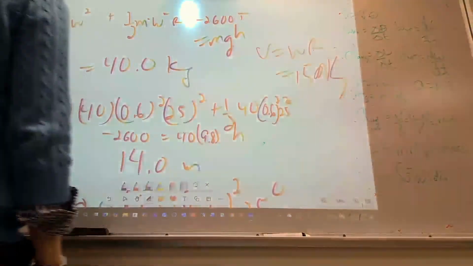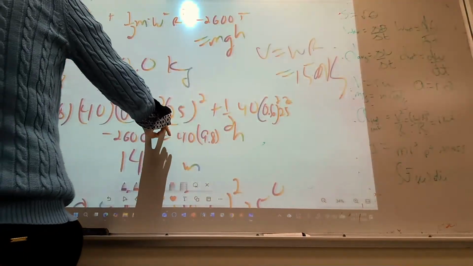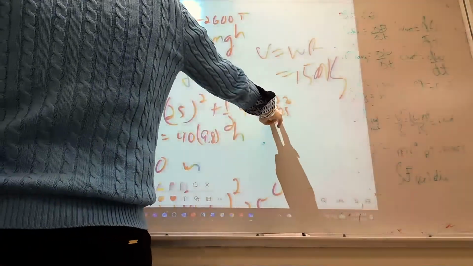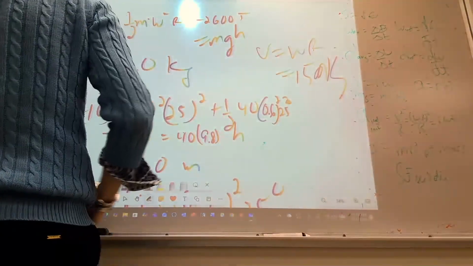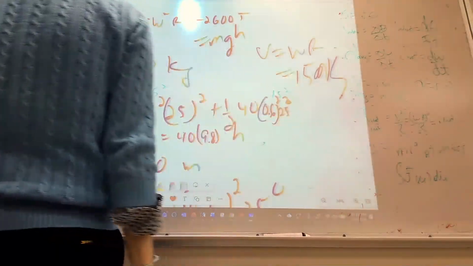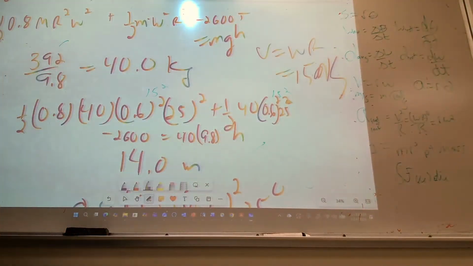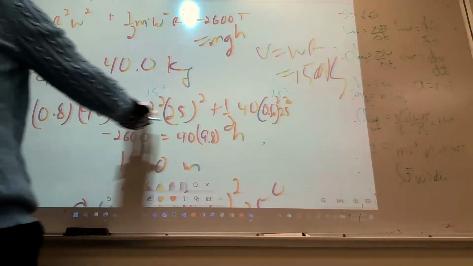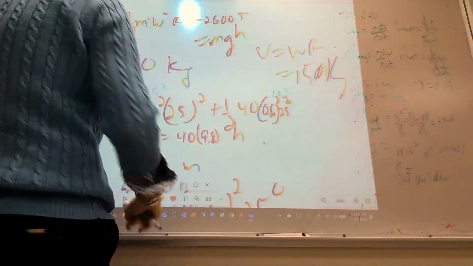If you put it in terms of V, this would just be 15 squared and 15 squared. Instead of 0.6 times 25, you just have 15 squared. So you add this to this, you subtract the 2,600.